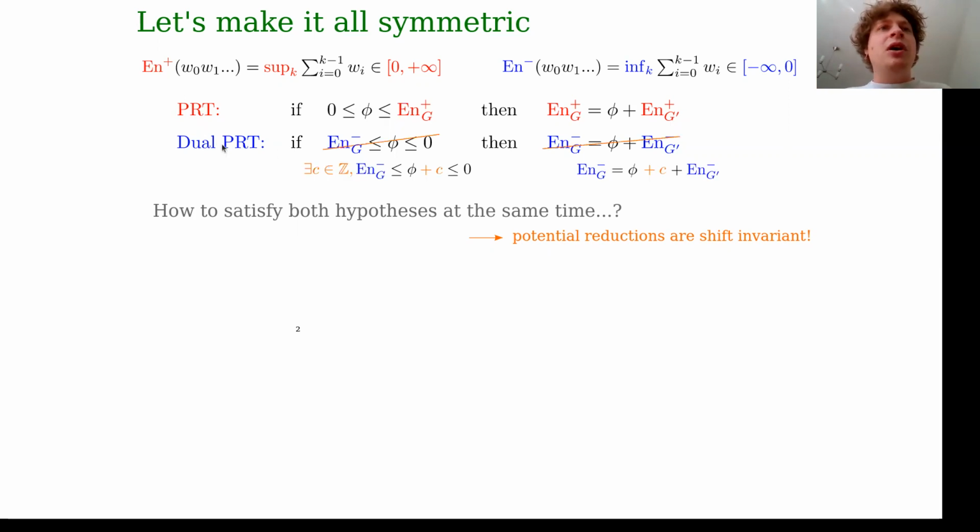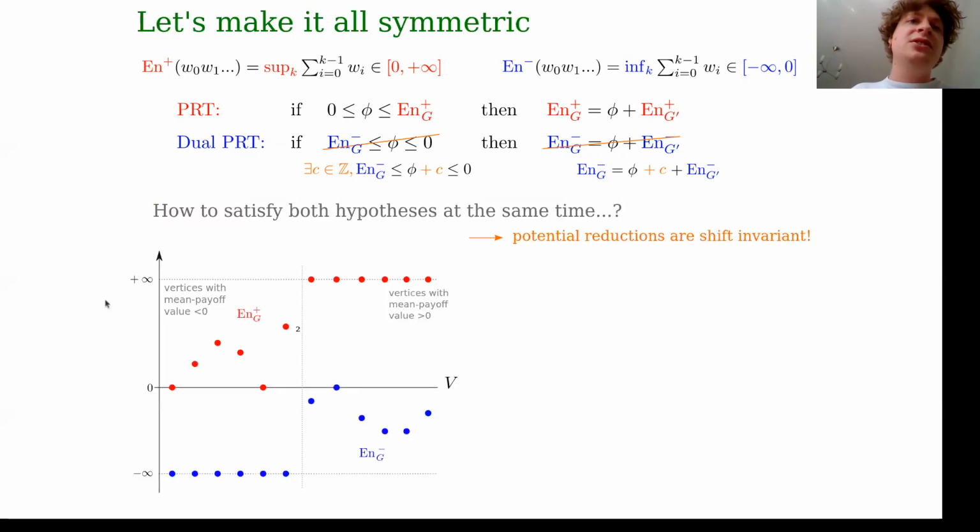But the dual potential reduction theorem, we will apply it to some shift of phi. So the game that we obtain with the potential and the shifted potential, this game G prime, is the same. But now there is hope that we can apply both at the same time. Okay, so this is maybe the main idea here.